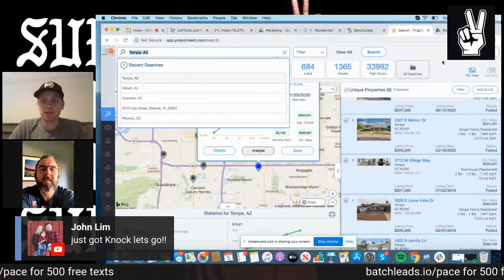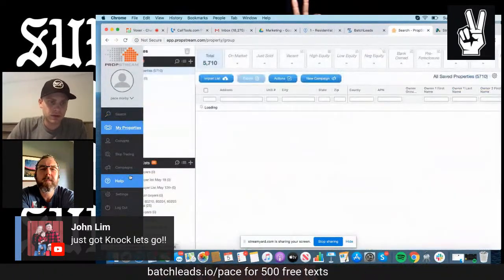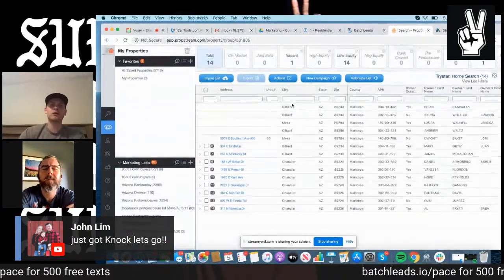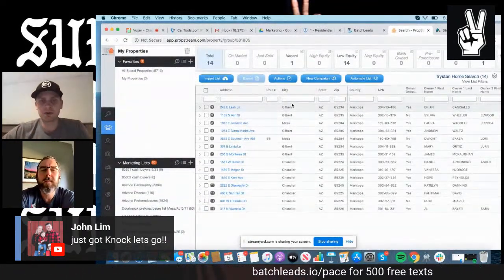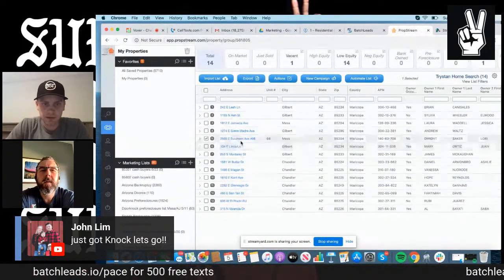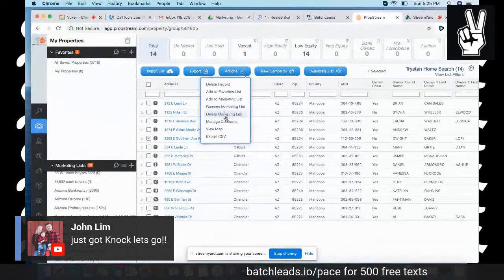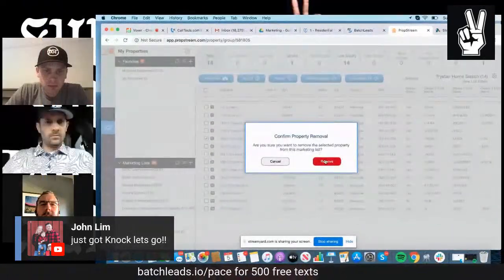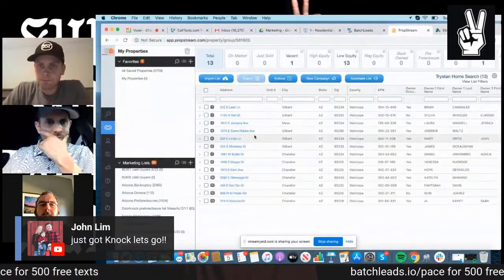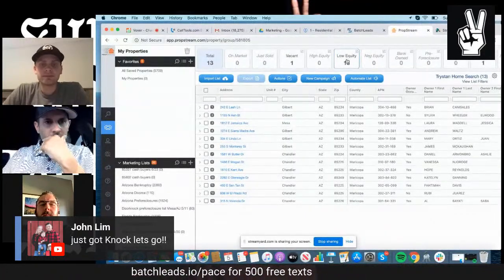I think, realistically, the ones that I just pulled, these 14, are probably going to be the best fits for you. It sounds like. Yeah, agreed. This Mesa one probably needs to get off here. Okay, so it looks like we have 13 properties here.